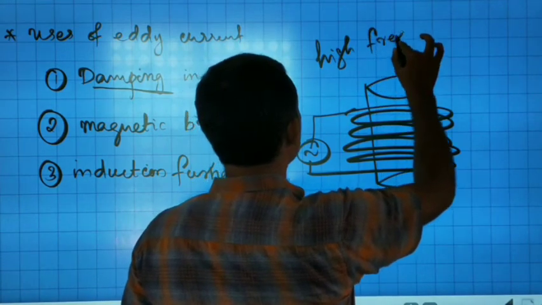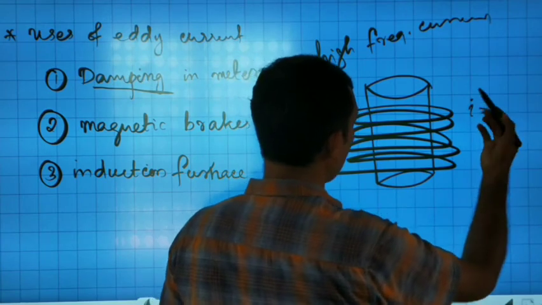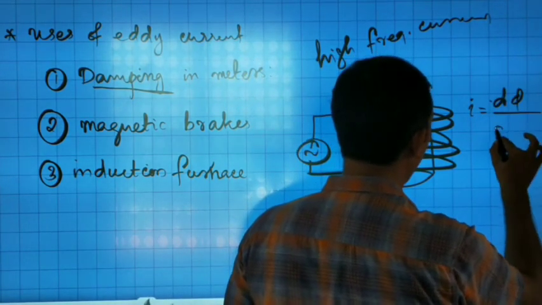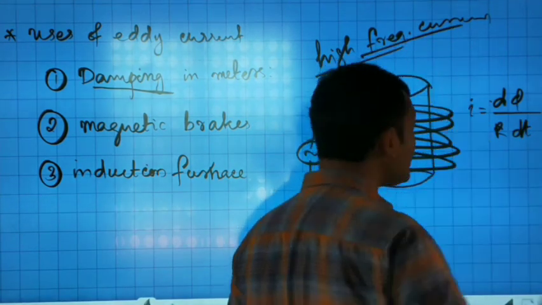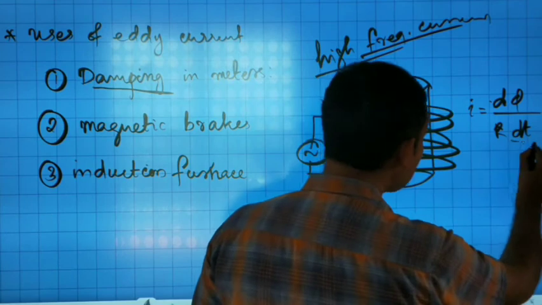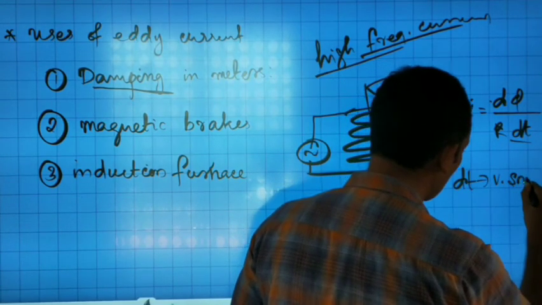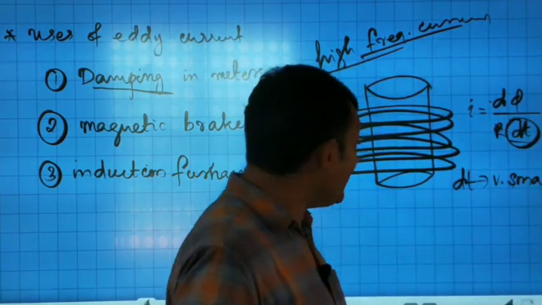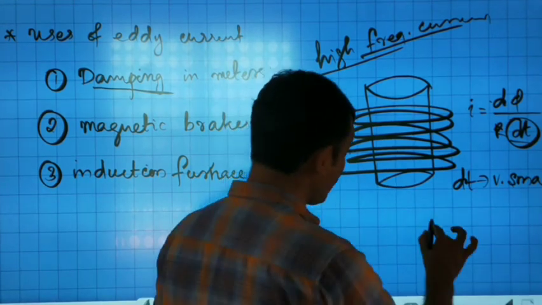Now I is equal to dφ divided by R dt. High frequency means dt will be very small. Since dt is very small, what about I? Large I.